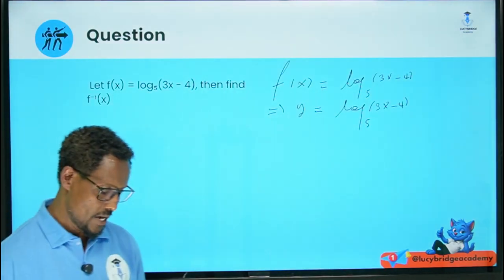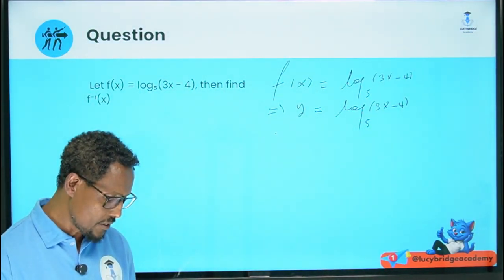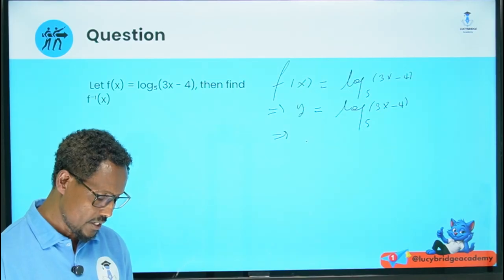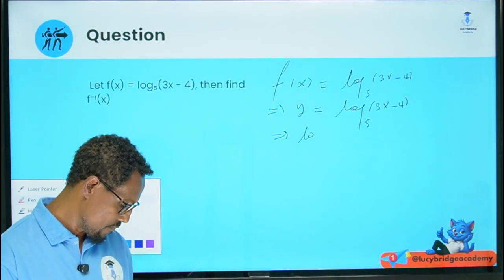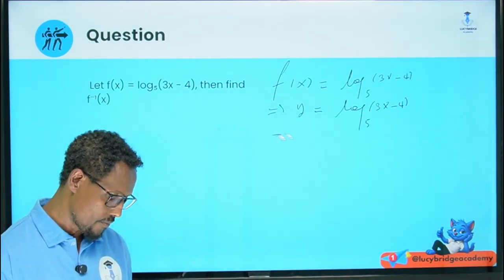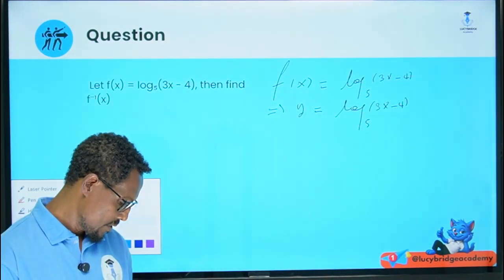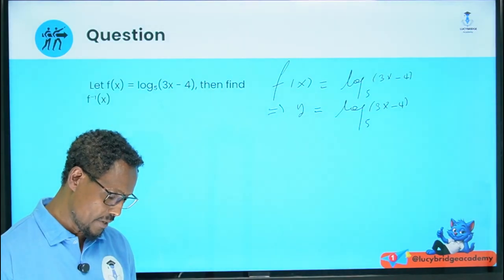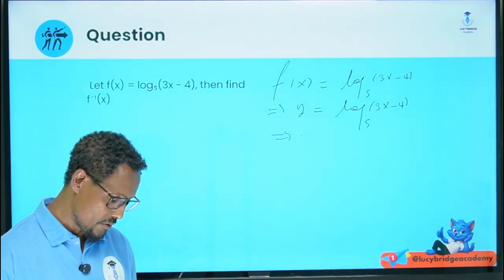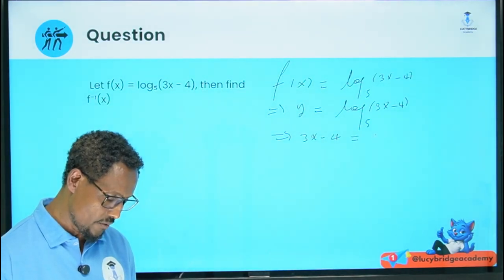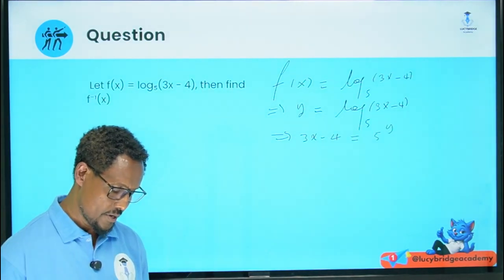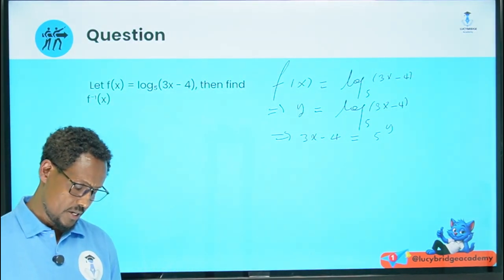Changing into exponential function, 3x minus 4 is equal to 5 to the power of y.